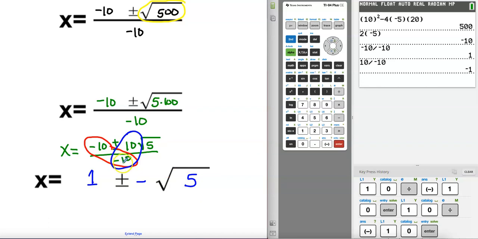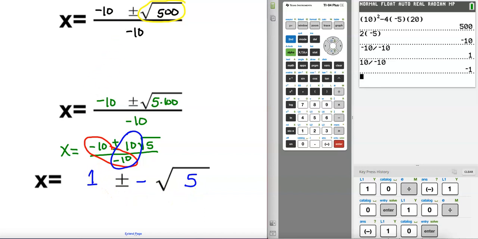So therefore what you just did was you were able to get rid of the fraction by dividing the 10 into both of these terms that were separated by the plus or minus sign. So now the 10 kind of goes away because you divided it. So you're left with 1 plus or minus negative square roots of 5.